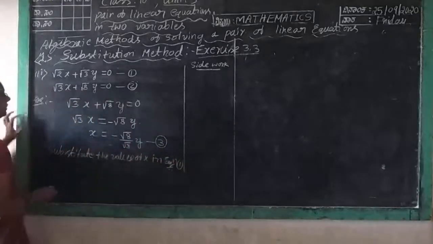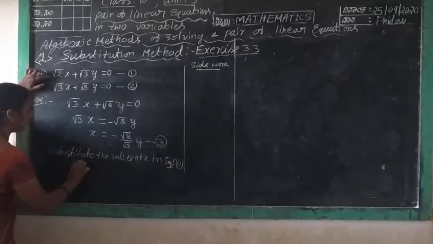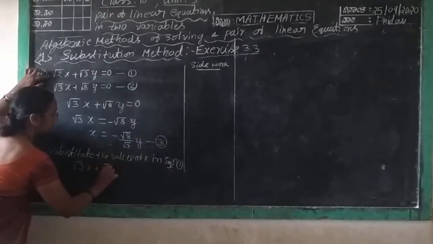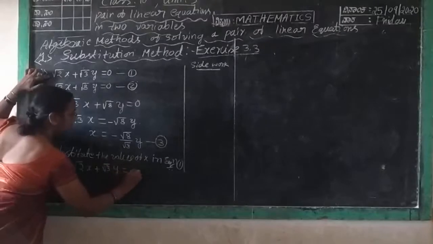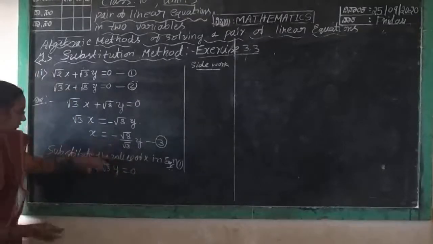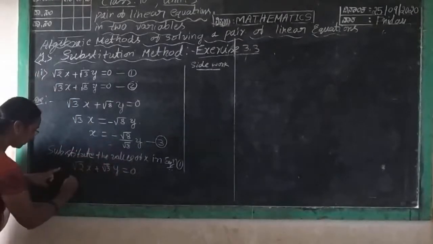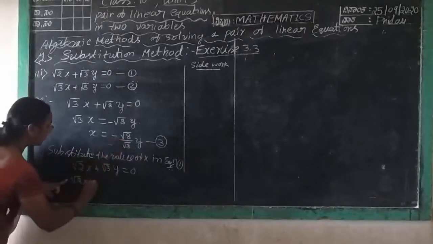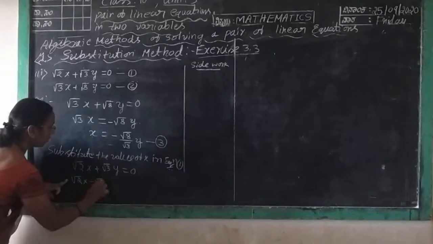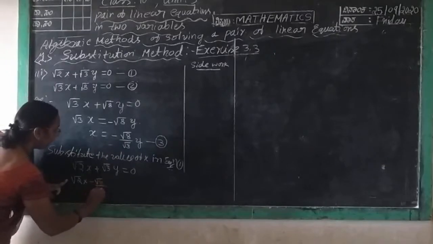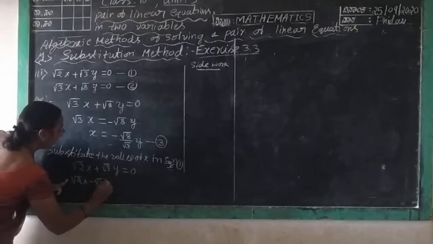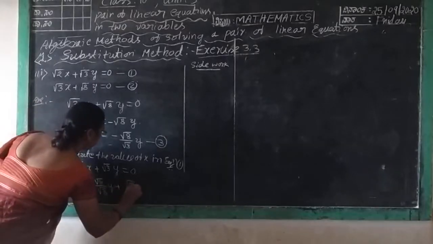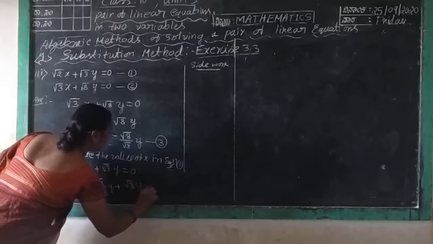Then we write again root 2x plus root 3y is equal to 0. We put the x value: root 2 into minus root 8 by root 3 y plus root 3 y is equal to 0.